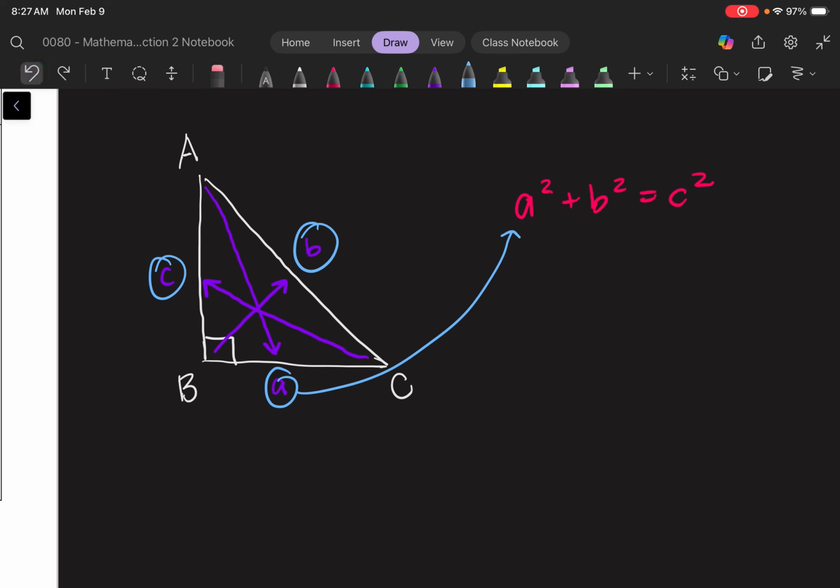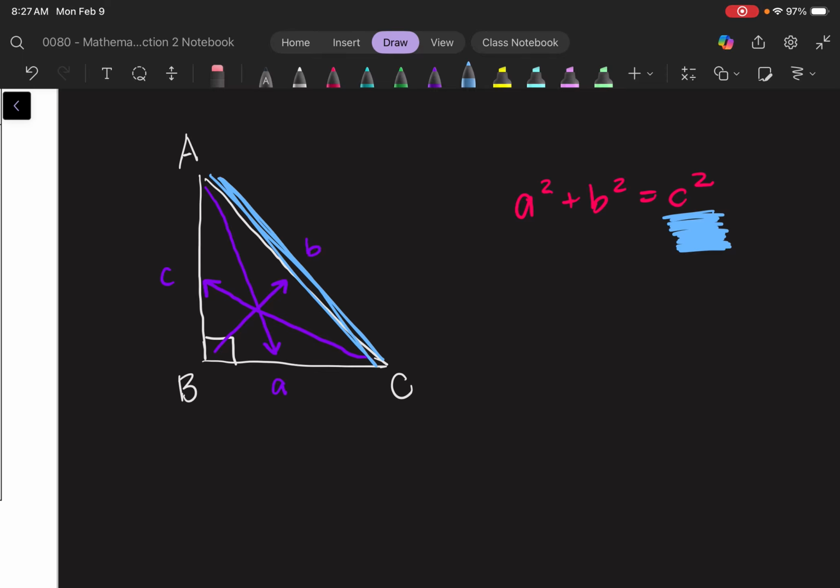And that would actually be incorrect in this instance. And the reason being is that in our Pythagorean theorem, that c squared has to be the hypotenuse. And the hypotenuse of this triangle isn't labeled with a c. Doesn't mean it's labeled incorrectly. It is labeled correctly for what it is.